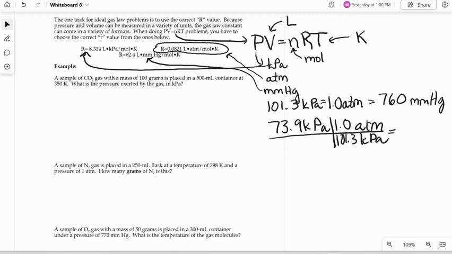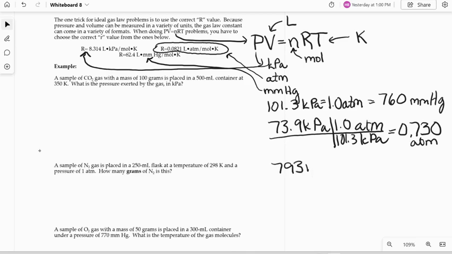So as long as you're canceling out the unit by putting it on the bottom and converting to the one you put on the top, I would get 0.730 atmospheres.